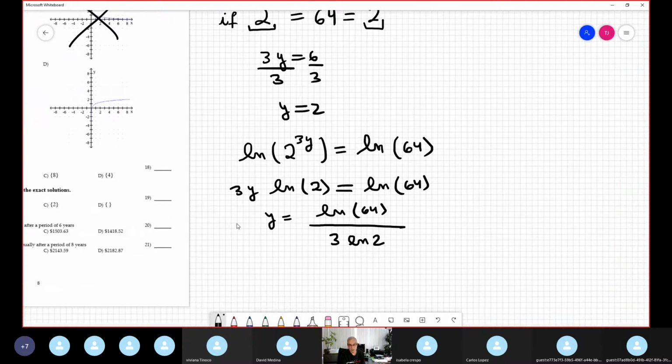Oh, no, in this case, no. Why not? Because I know that 64 is 2 to the 6th power. And these 6 go to the front, apply the property number 7.